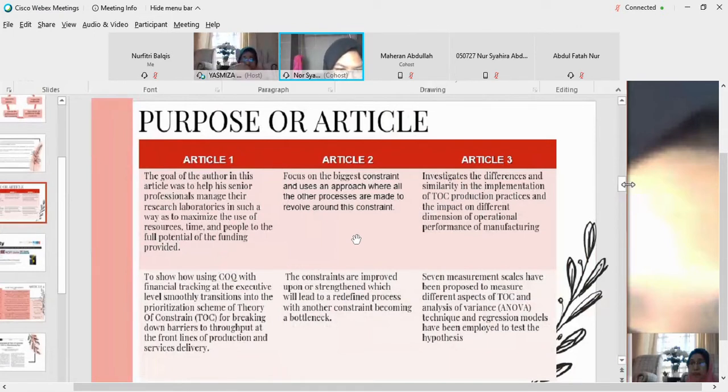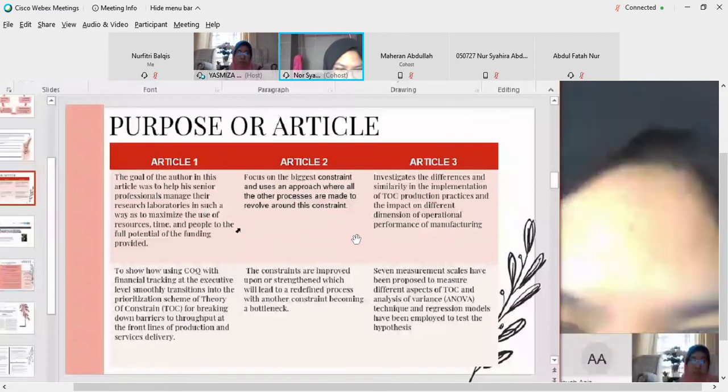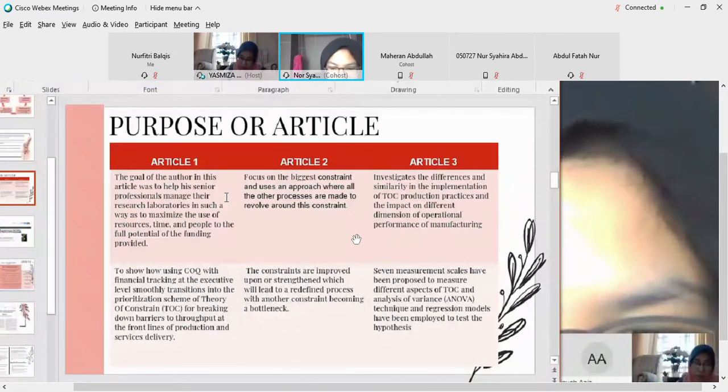To show how using COQ with financial tracking at the executive level smoothly transitions into the prioritization scheme of theory of constraint (TOC) for breaking down barriers to throughput at the frontliners of production and services delivery.